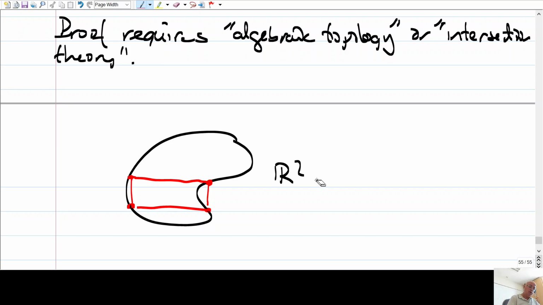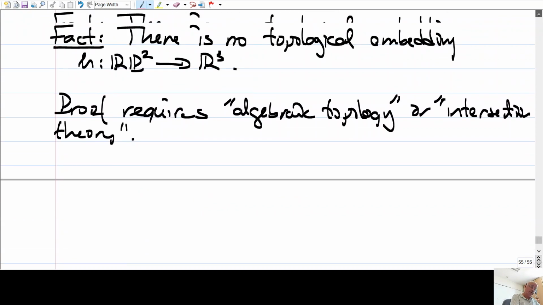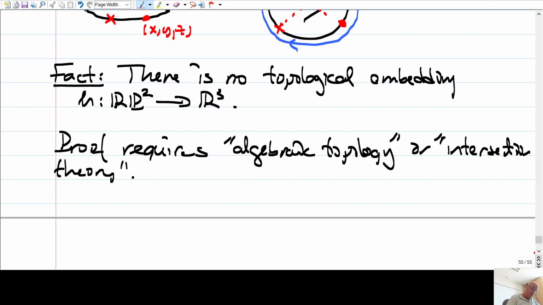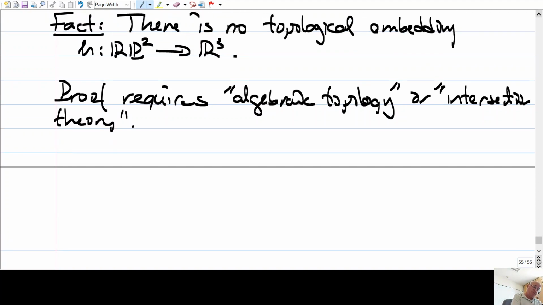Okay, so the fact I just actually mentioned here. But as I said, the proof is a little bit too much for our course for the time being. However, RP2 doesn't live in R3.